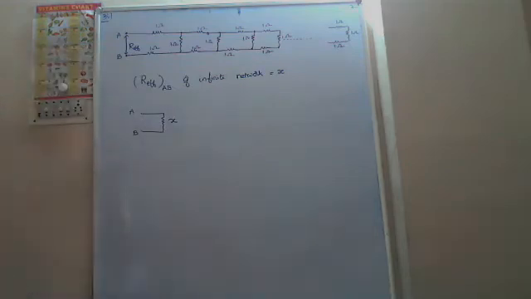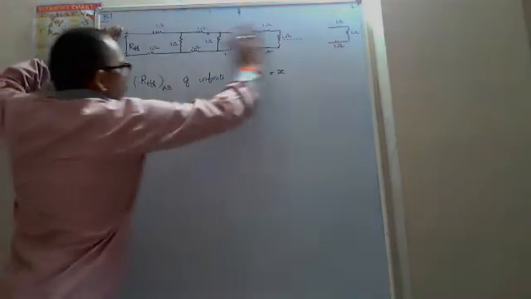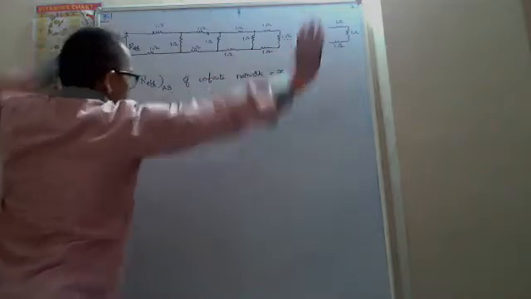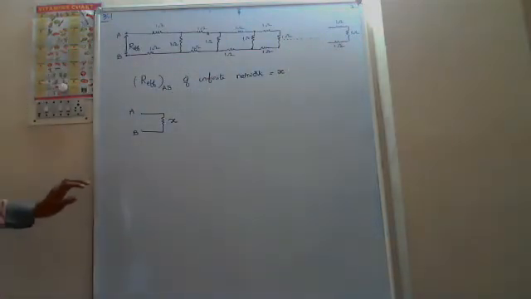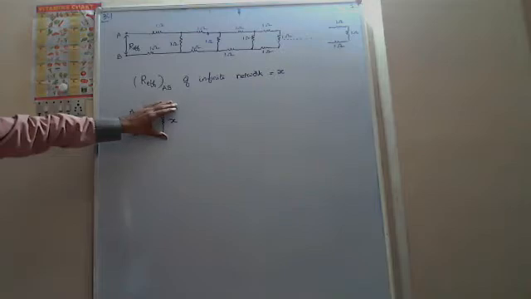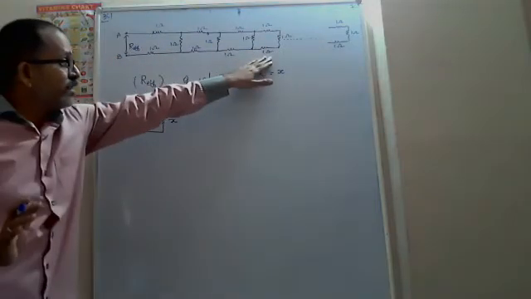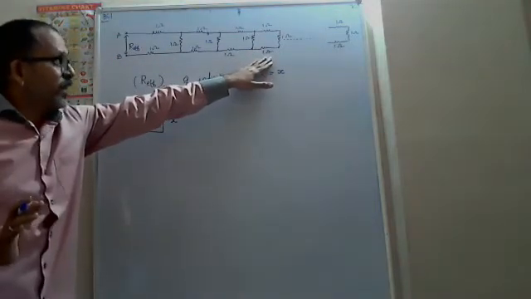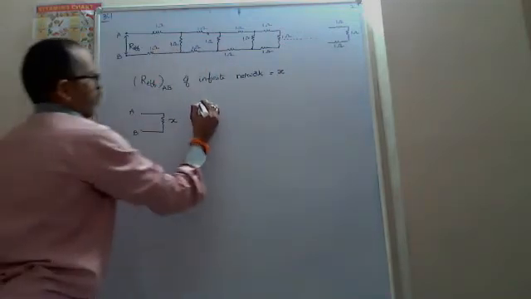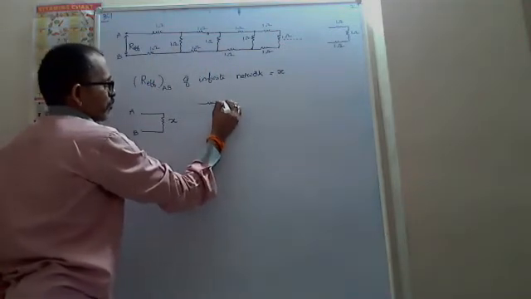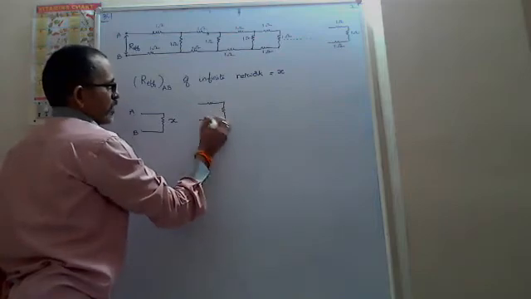Am I right? Between A and B, the total effective resistance of this infinite circuit is X. X is the effective resistance of how many branches? Infinite sub-branches. For every branch you observe there, this is considered as one branch.